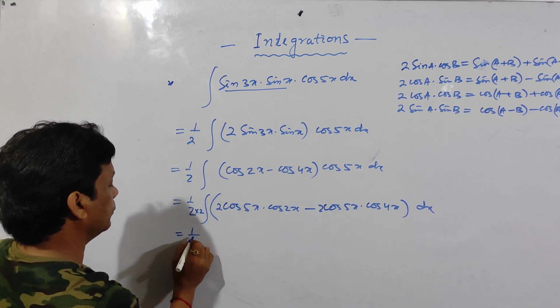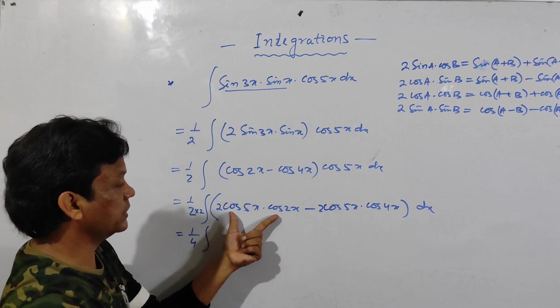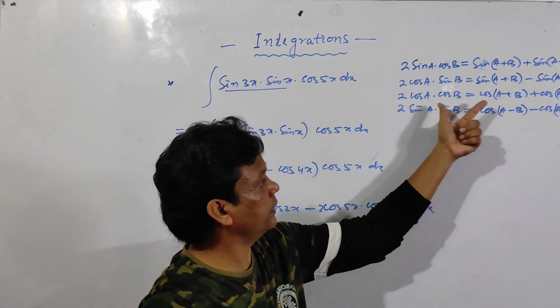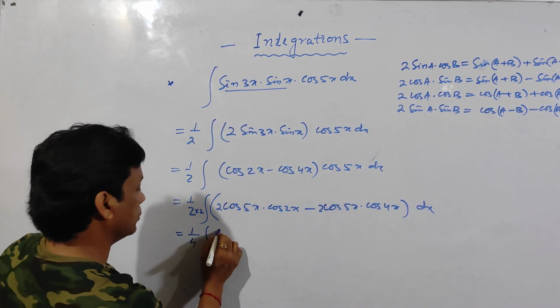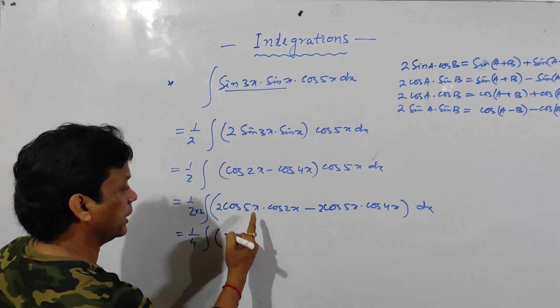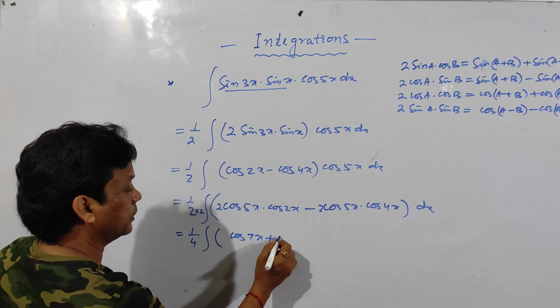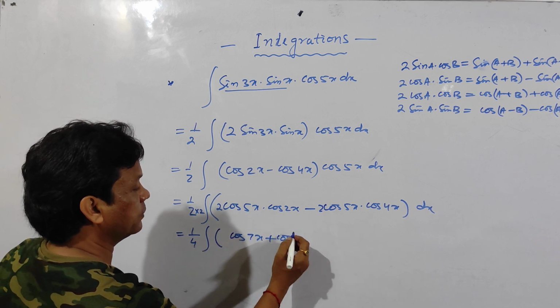So 1 by 4. 2 cos a into cos b is cos(a plus b) plus cos(a minus b). So write down cos(a plus b), 5x plus 2x, it is 7x, plus cos(a minus b), 5x minus 2x, it is 3x.